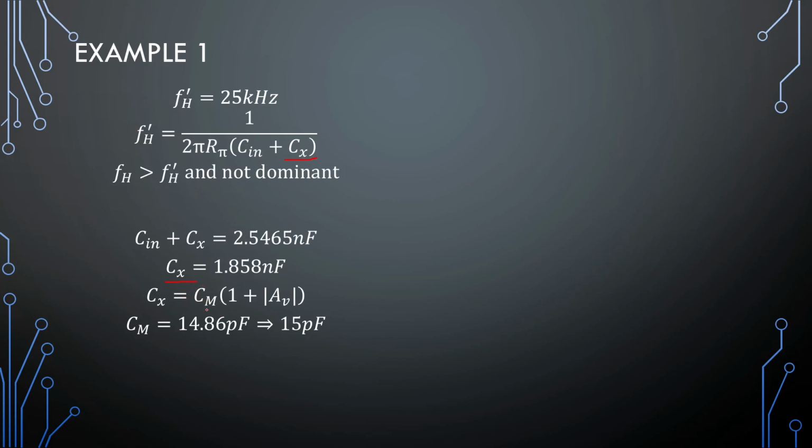So Cx is equal to C Miller times 1 plus Av, like this, because Miller is the one we want in that feedback position over the amplifier. So C Miller is going to be Cx divided by 1 plus Av, and that gives us roughly 15 picofarads.